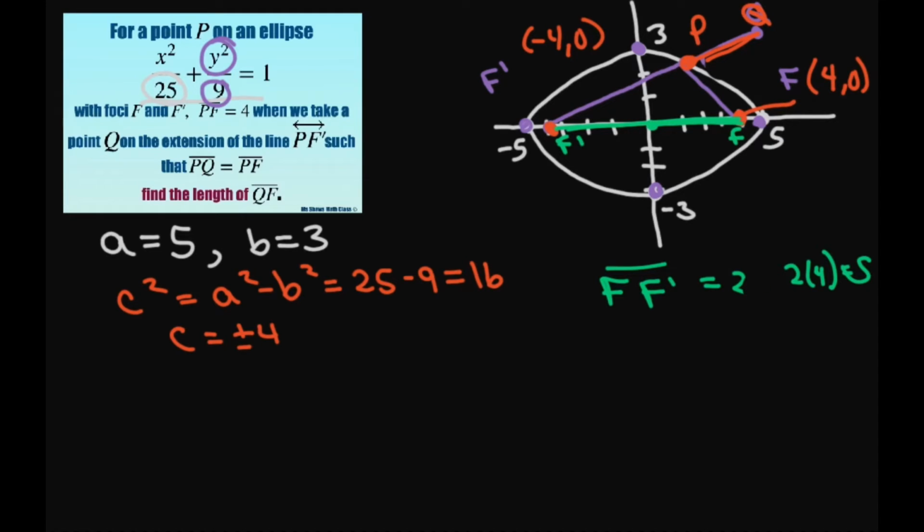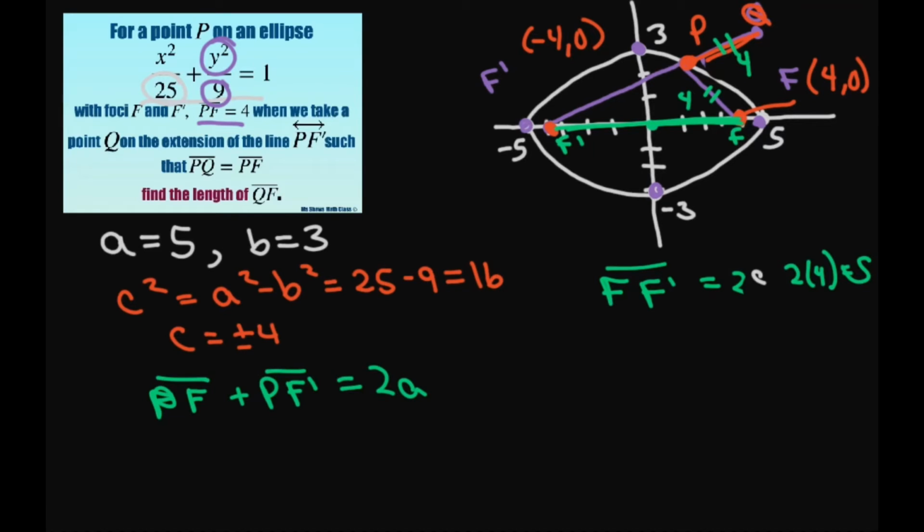All right. Now that we have that, we know that the length of PF is 4 because they gave that to us. This length here is 4. So if this is 4, that means this also equals 4. So these two lines are equal. Also, we know that if you add PF to PF prime, by definition, that equals 2A.